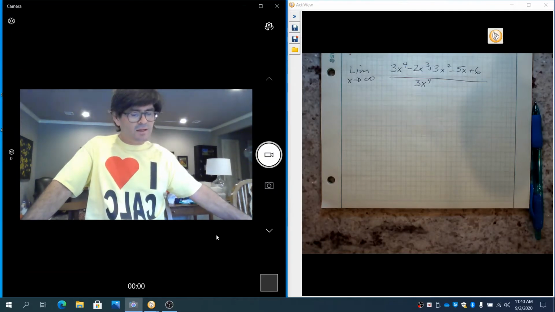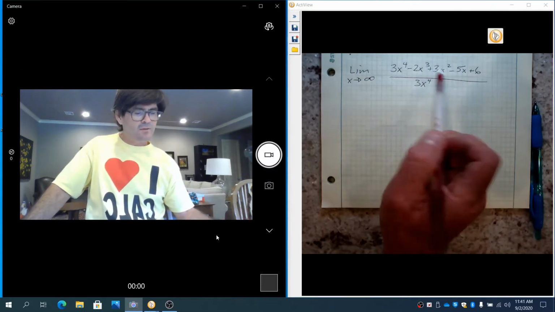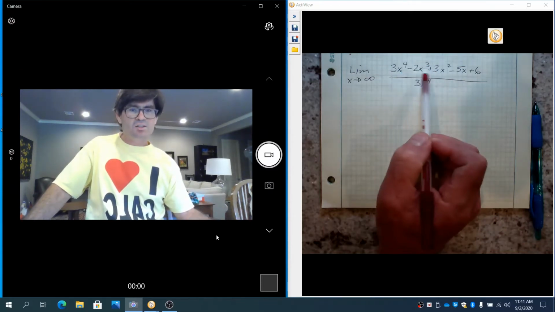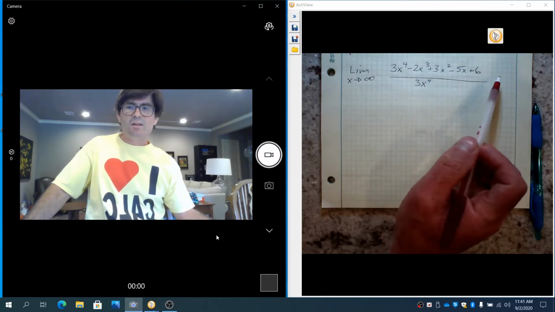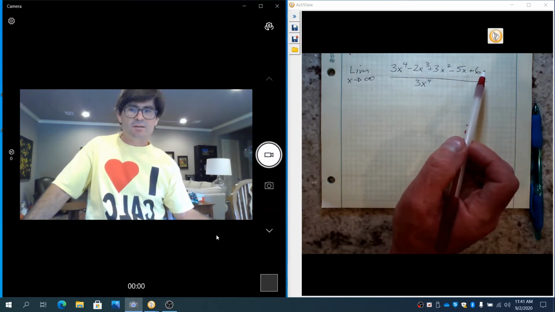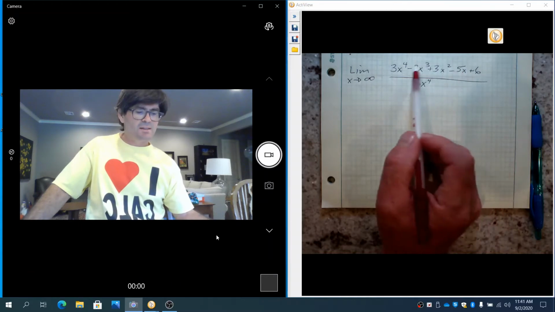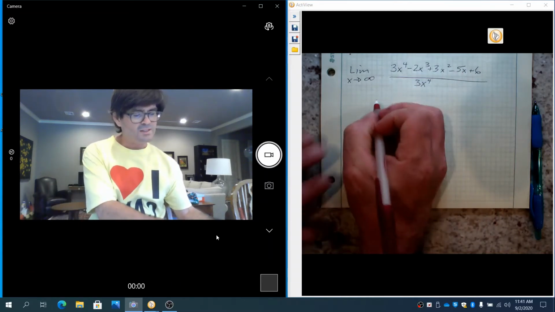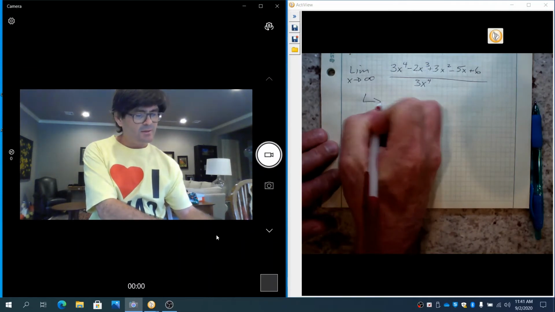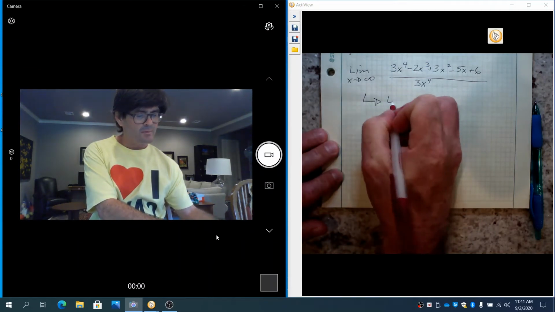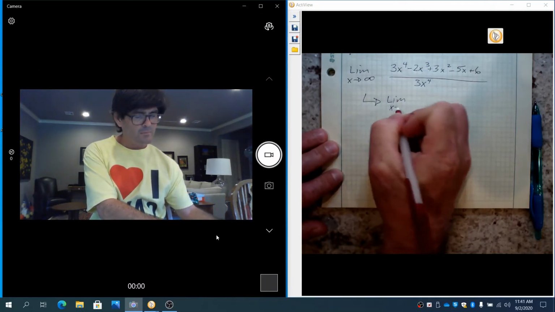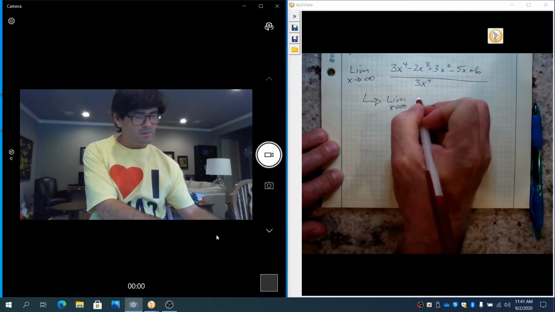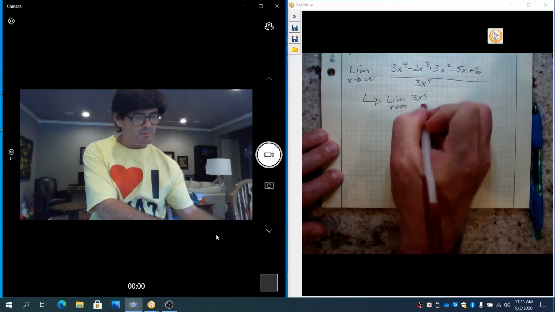So the simple way to do this is to realize that when you have x to the fourth and x cubed and x squared and so forth, the only term that really matters as far as scale is the highest degree term. So what you could say is this limit behaves the same as this limit.